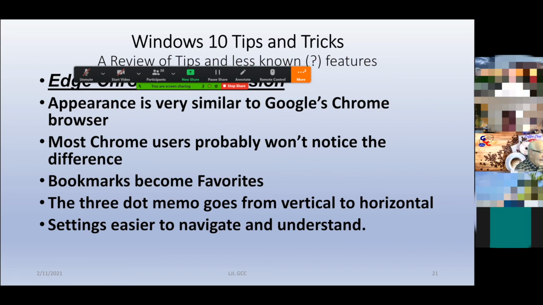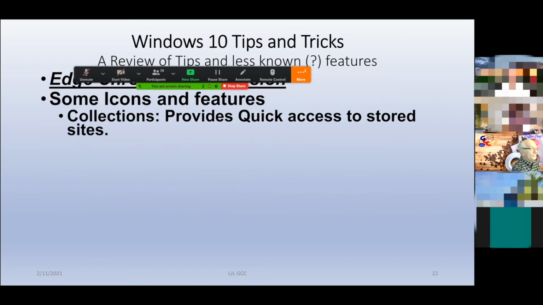I said here the settings are easier to navigate and understand, but the last time I looked, Chrome has changed their settings menus so they look more like what Edge did. So Edge and Chrome are really built on some of the same features, and for some reason Google and Microsoft are working somewhat together.